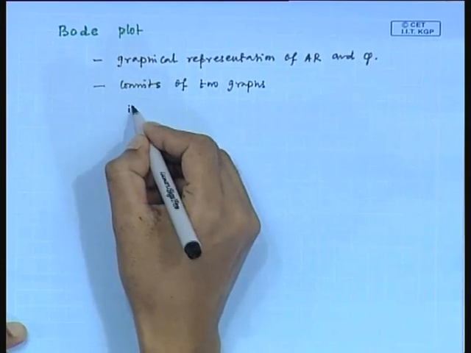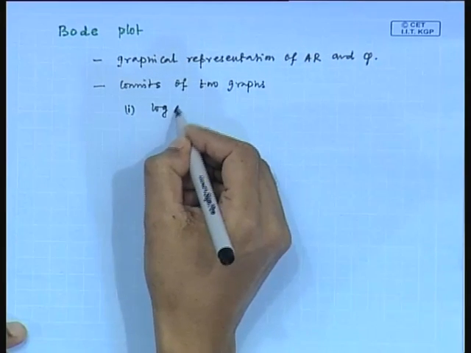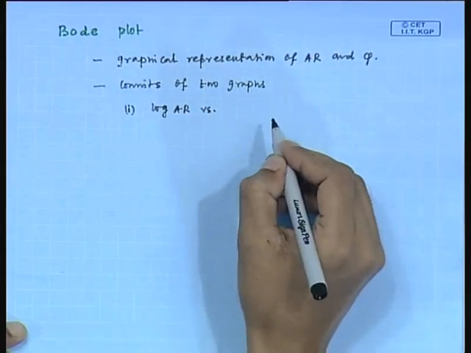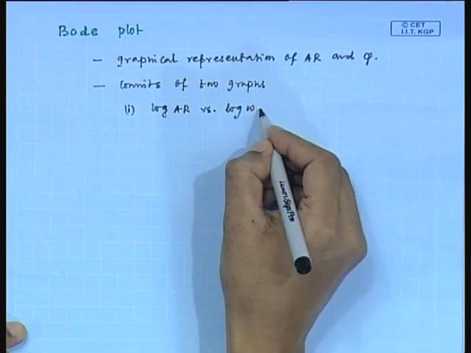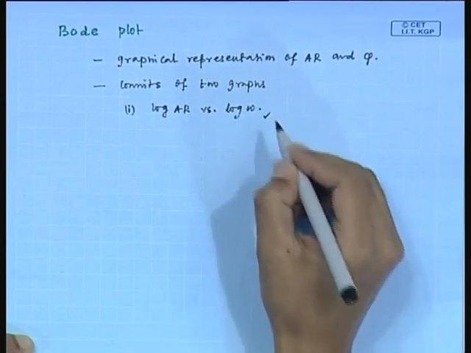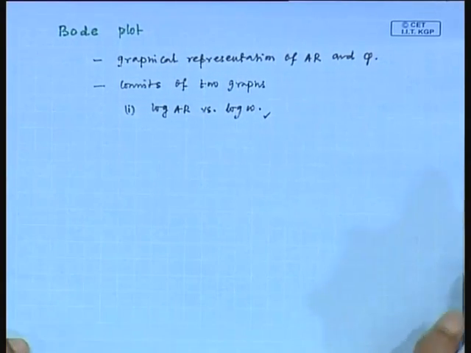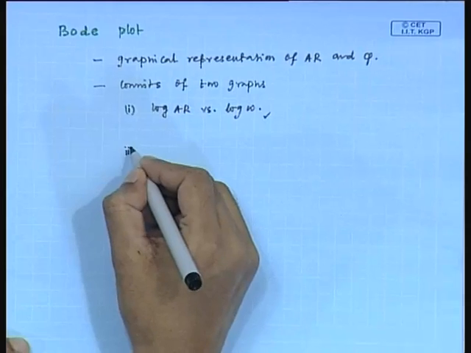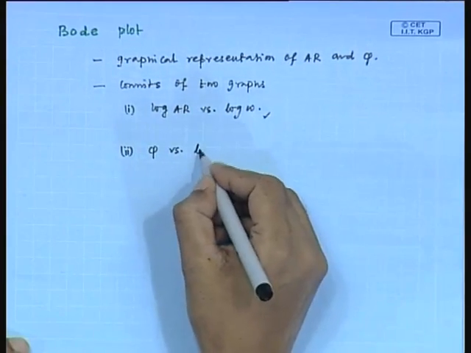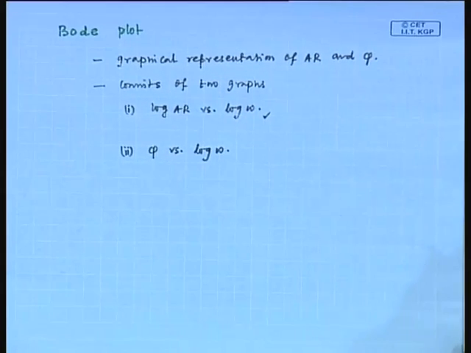In one graph, log amplitude ratio is plotted against log omega. In the first graph, the amplitude ratio in logarithmic form is plotted with log omega, and in the second plot, the phi is plotted with log omega.